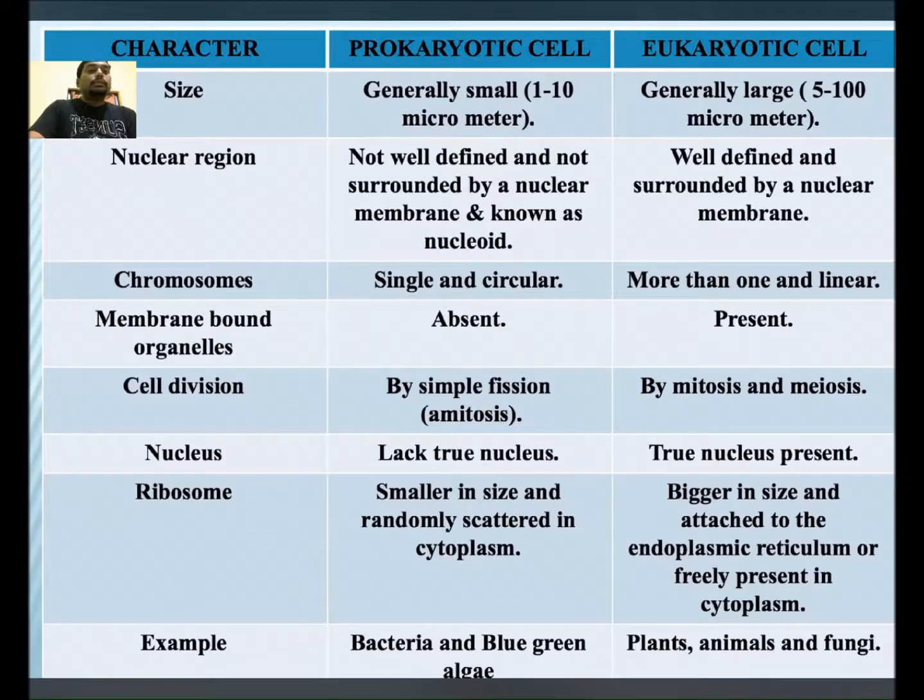Ribosomes in prokaryotes are of 70S type and in eukaryotes 80S type. Examples of prokaryotic cells: bacteria and blue-green algae or cyanobacteria, and eukaryotic cells are plant cells, animal cells, fungi, and the cells of higher organisms.